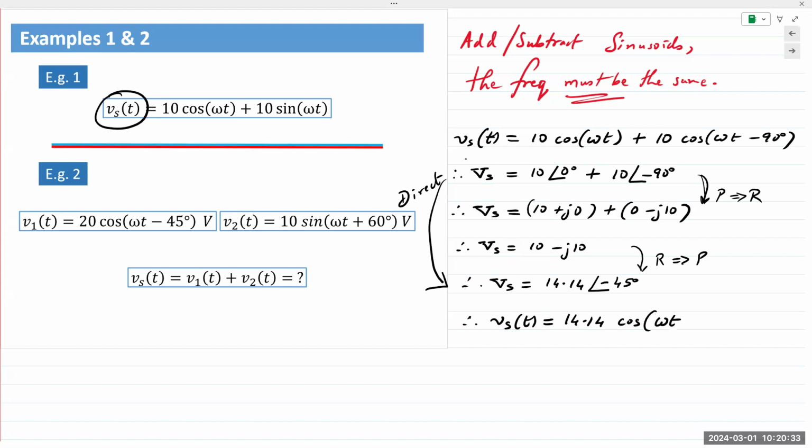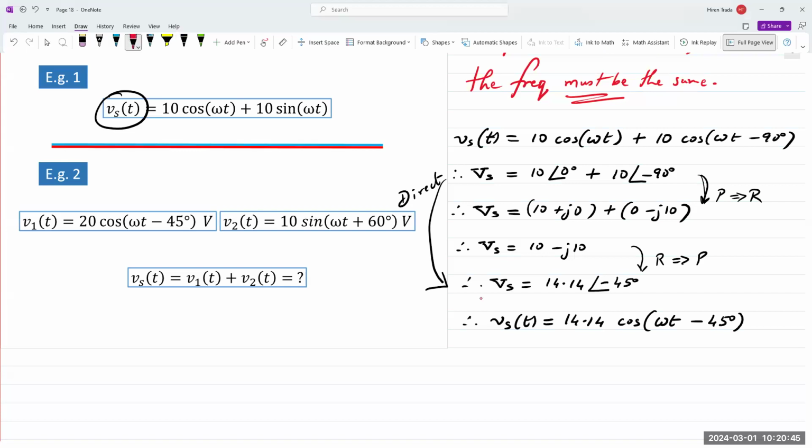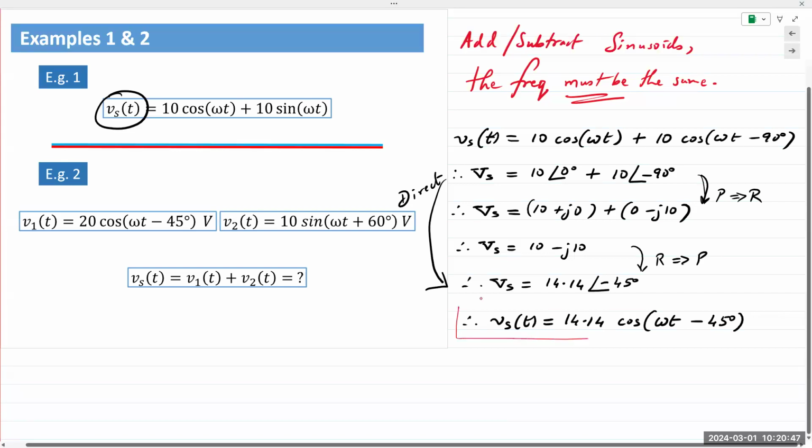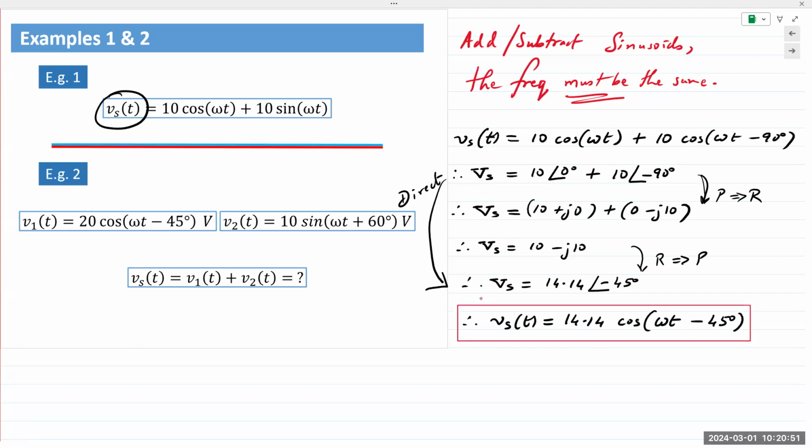The frequency does not change, it is not affected, so it stays the same, with a phase angle of minus 45. And that's it. That's your final Vs of t.